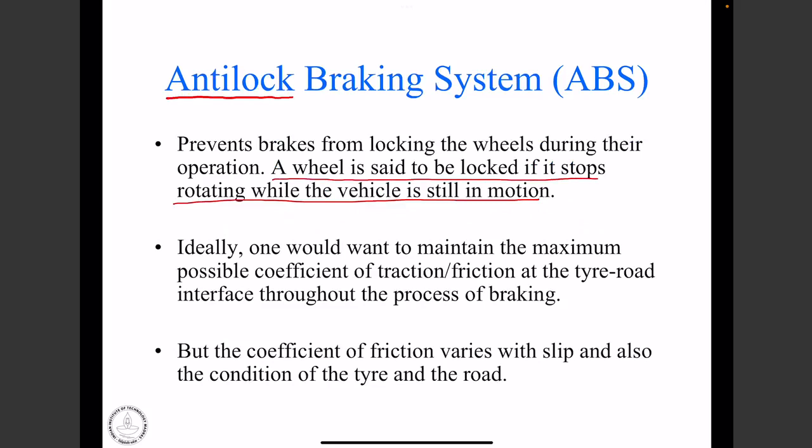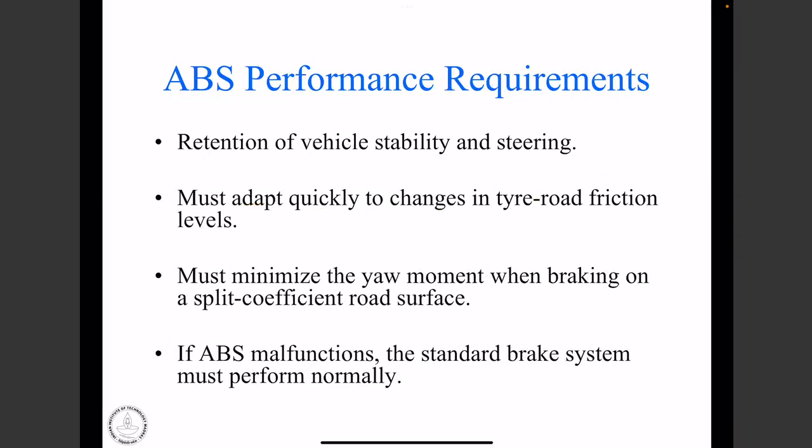We then also looked at what are the performance requirements of an ABS. We need to ensure that the vehicle stability and steerability are retained during braking. An ABS should also adapt quickly to changes in the tire road friction levels. Typically we test for what is called a transition mu state, when there is a change in the friction levels at the tire road interface.